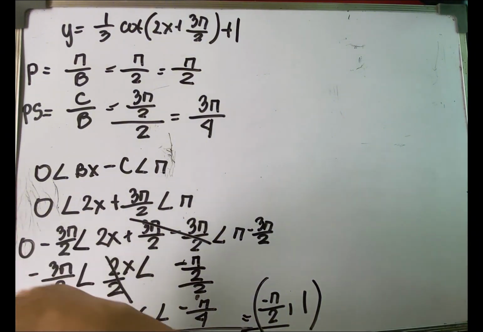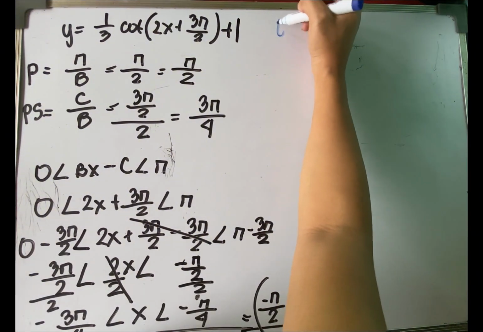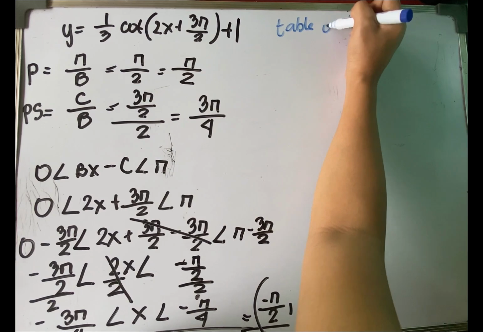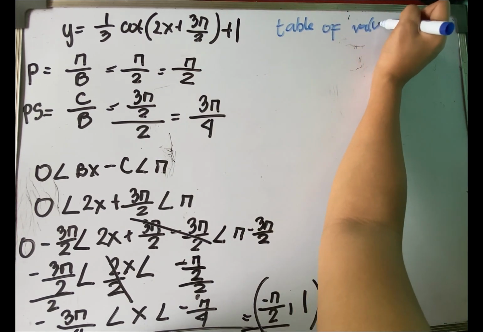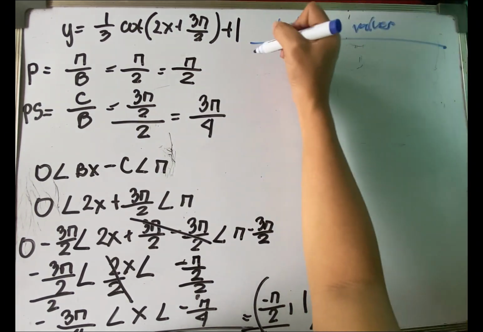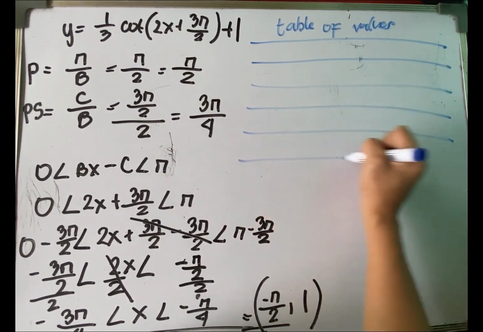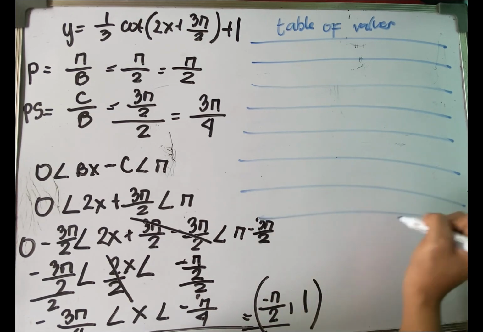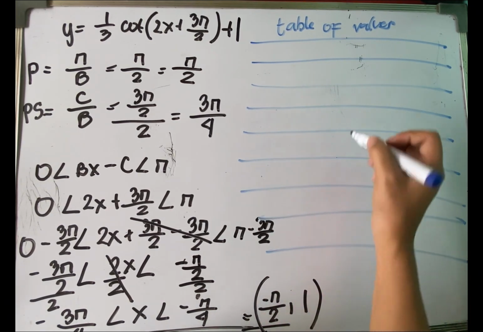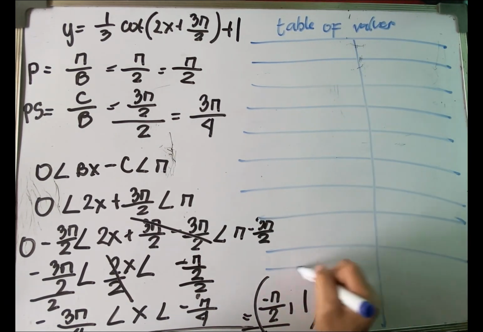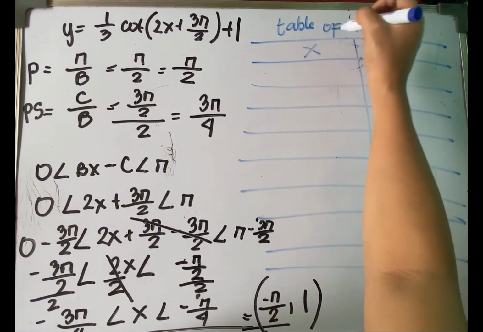And now let's do the table of values in order for us to not get lost when we do the graphing later. Since it's 2 periods, we have columns here for our x and y.